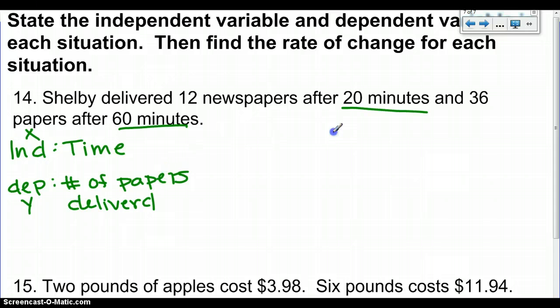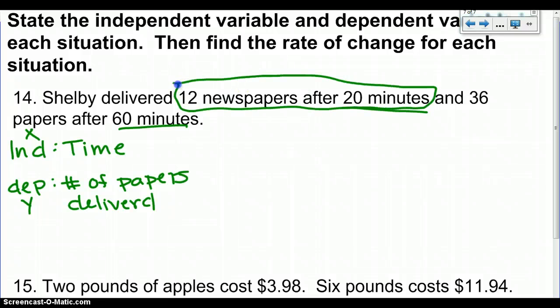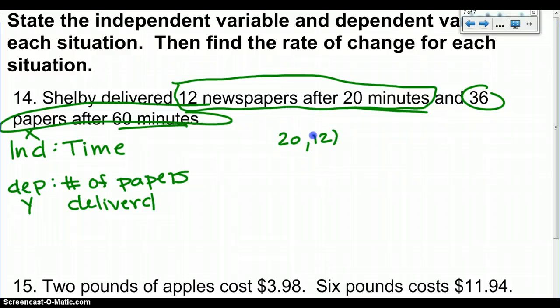And so to find our slope, we're going to have to come up with 2 points. So this would be 1 point right here with these numbers, and the next point would be those numbers. So our first one, our x value is going to be the time, so it's going to be 20, 12, and our second point will be 60, 36.